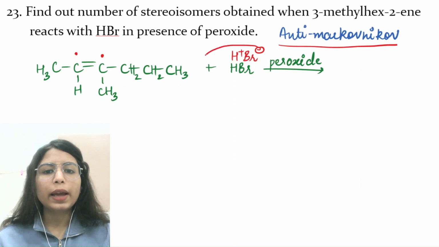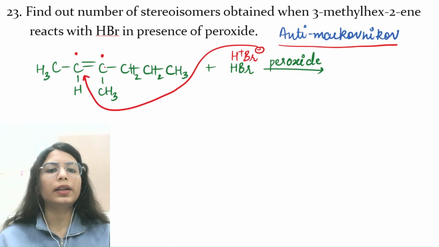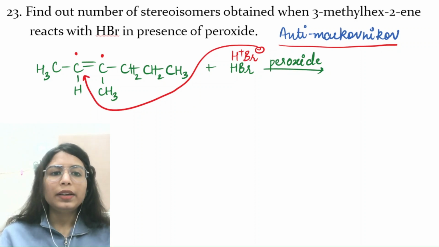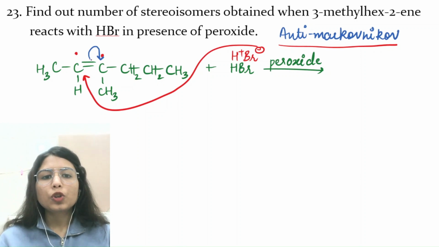That is, Br negative is going to attach to the carbon atom which contains more hydrogen atoms, and the hydrogen atom is going to attach to the carbon which contains fewer hydrogen atoms, right? So Br negative will get attached over here and hydrogen will get attached over here.